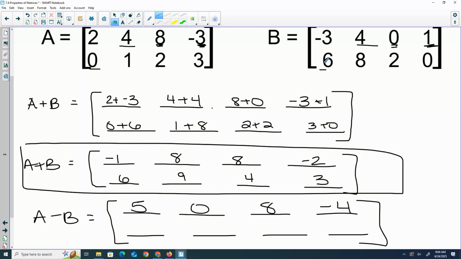Second row, 0 minus 6, -6. 1 minus 8, -7. 2 minus 2 is 0. 3 minus 0 is 3.